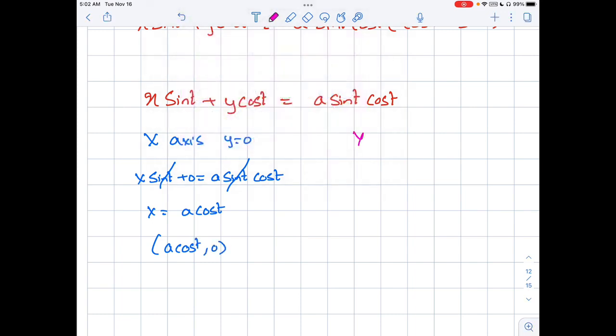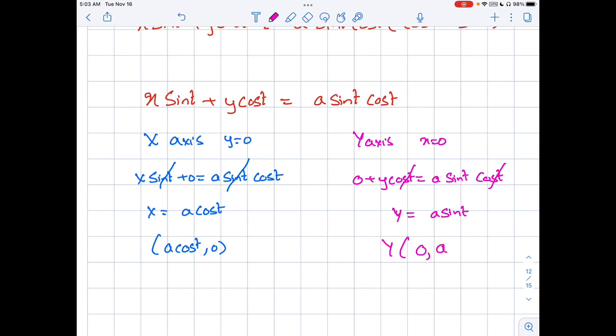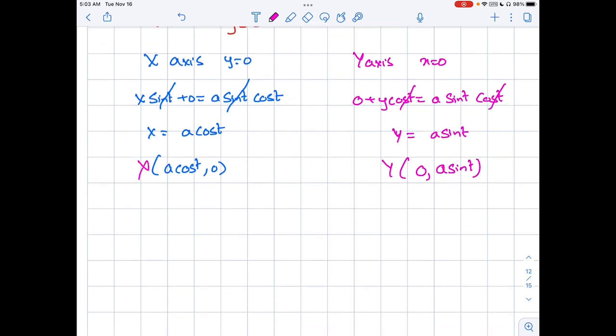And it meets y-axis. Y-axis means x is equal to 0. So 0 plus y cos t is equal to a sine t cos t. Cos t gets cancelled. So y is equal to a sine t. So the point is 0 comma a sine t. So now the distance XY.